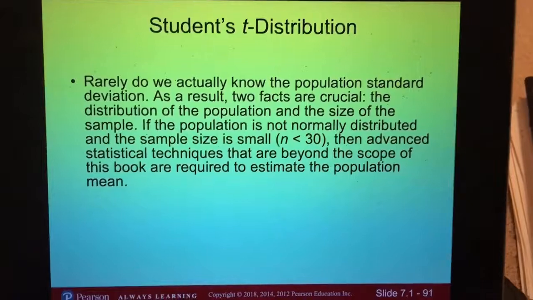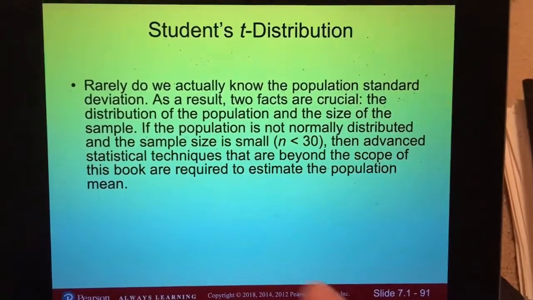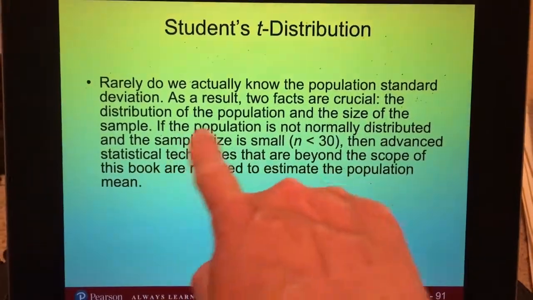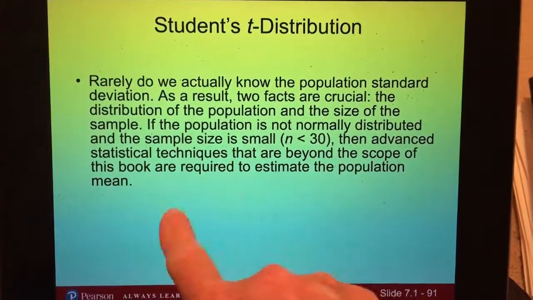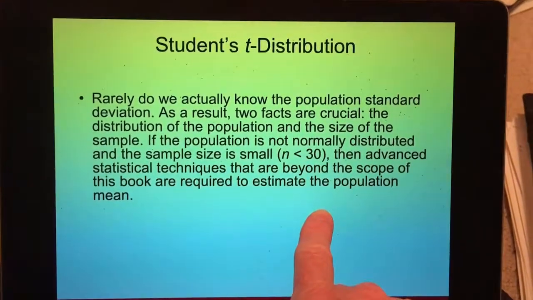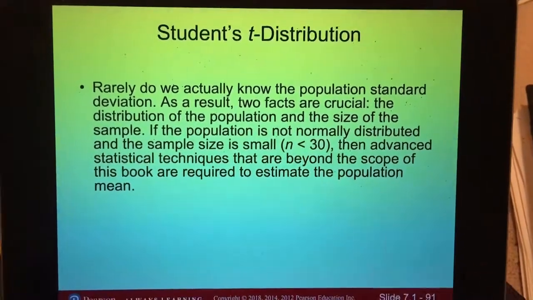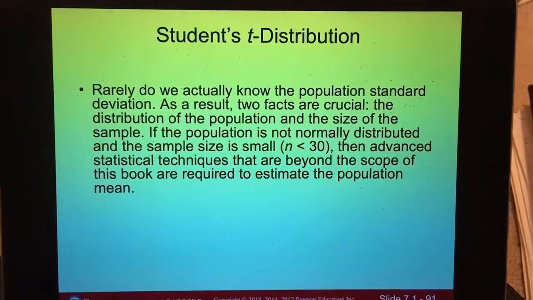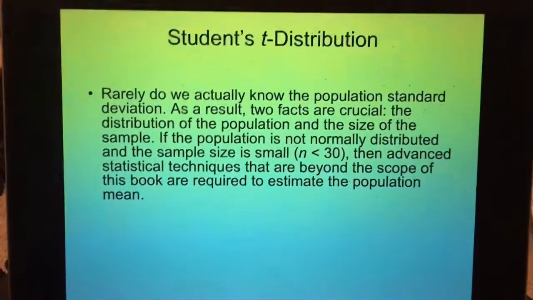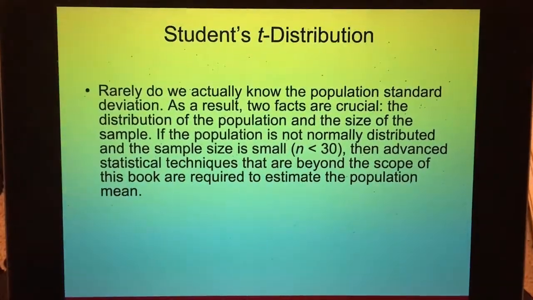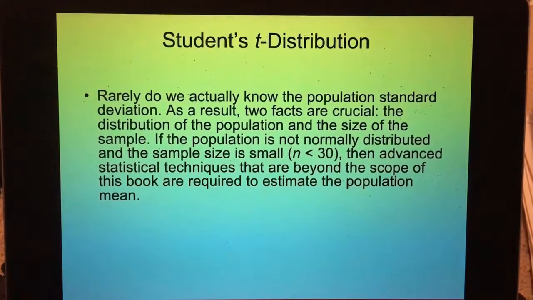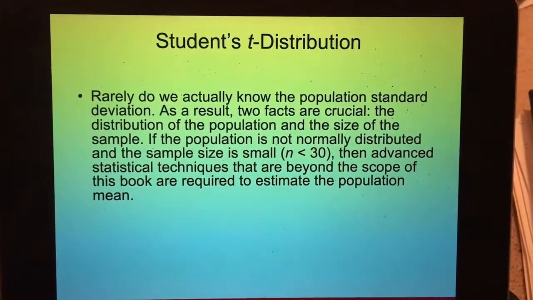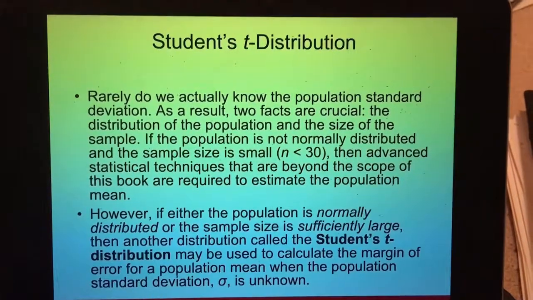So let's stick to what we actually do use in this book, which is either the T or the Z. They're just talking about sometimes you have to go to more extreme methods that we don't cover in this elementary statistics class. But the T distribution is very easy to use. The trick is knowing when to use it and when to use the Z-score, and that's what hopefully you will be clear on by the time we finish this slide.